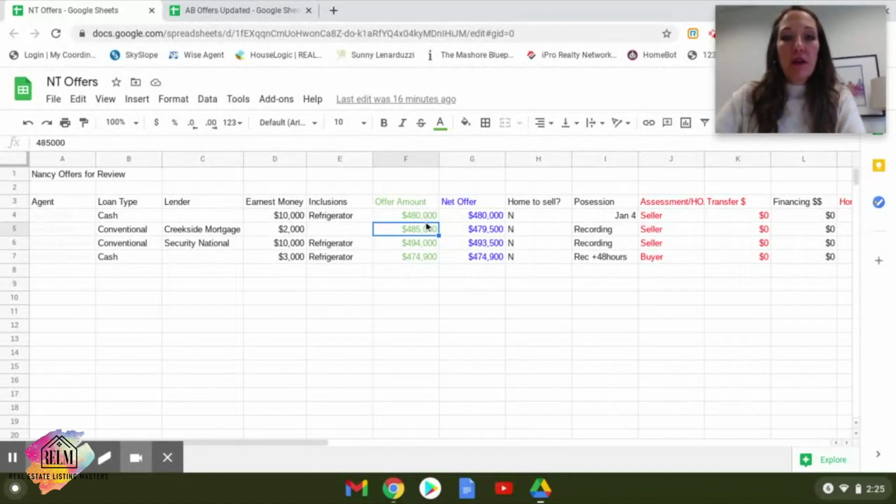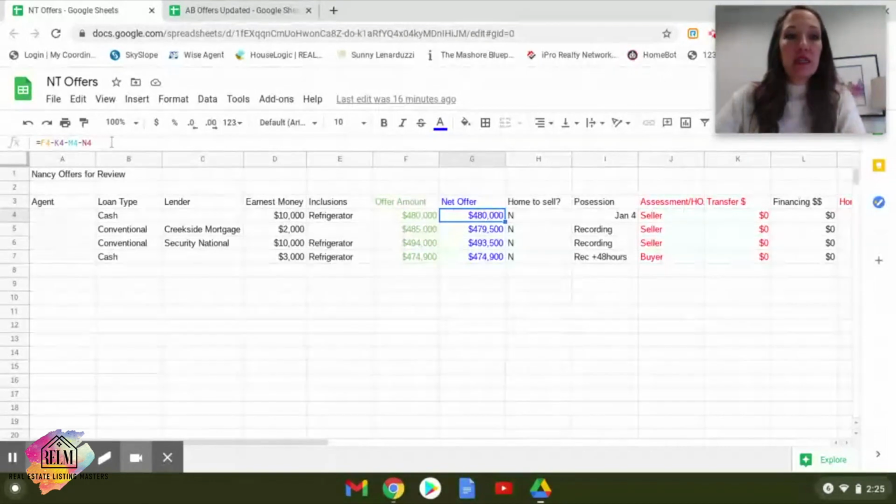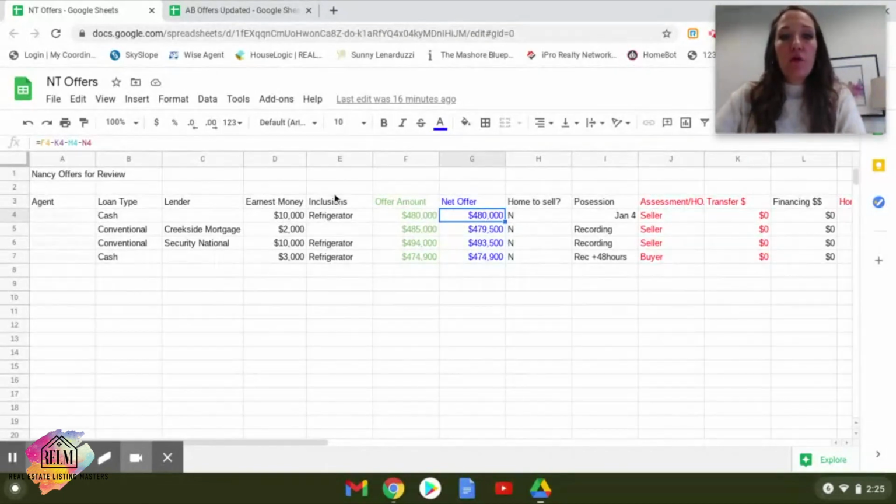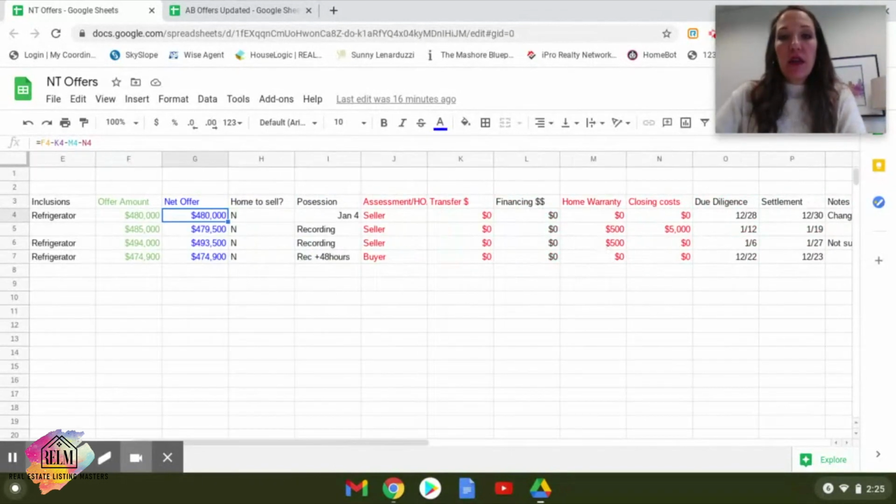What is the offer amount? We want to know what amount the buyer is offering. And then I've got another column called net offer. When I click on it, you can see that it is an equation of the offer amount minus any monies that could be due. In this situation, two of the offers are asking for a $500 home warranty. That comes off of the net offer.